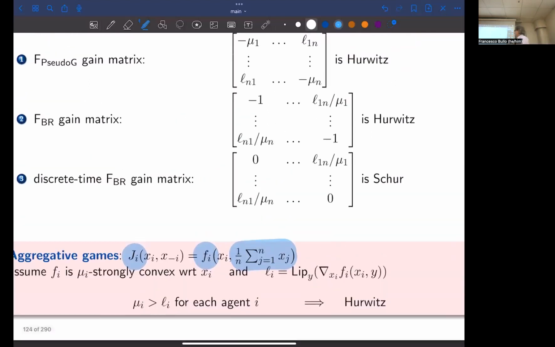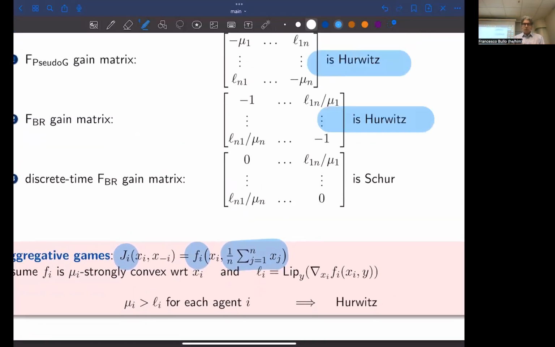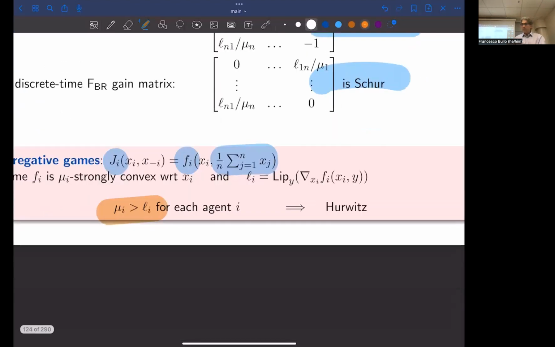So let's assume that the aggregate cost function lowercase f_i is strongly convex with respect to the first argument and Lipschitz with respect to the second argument. Well, then it turns out that all of these tests of Hurwitzness and Schur stability for the big matrices all simplify down to being just that mu_i is larger than L_i.